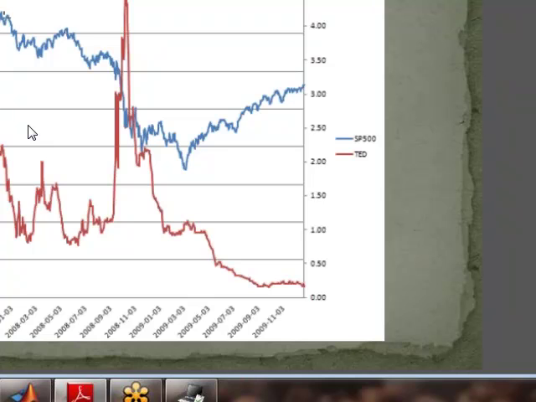But you can't see the stress in this curve unless you look at some sort of volatility metric or some sort of funding metric. And here's a perfect example of using the TED spread as an endogenous leading indicator of future events, that a bigger correction is going to happen.